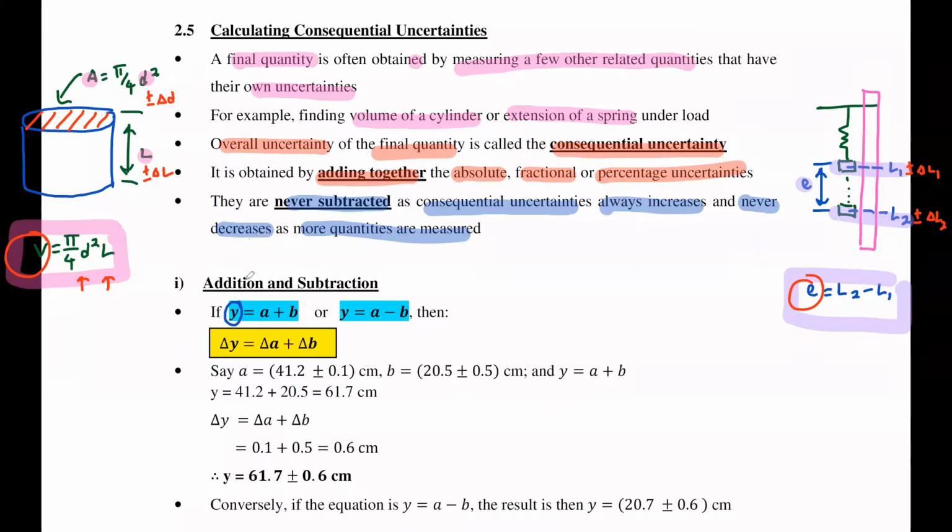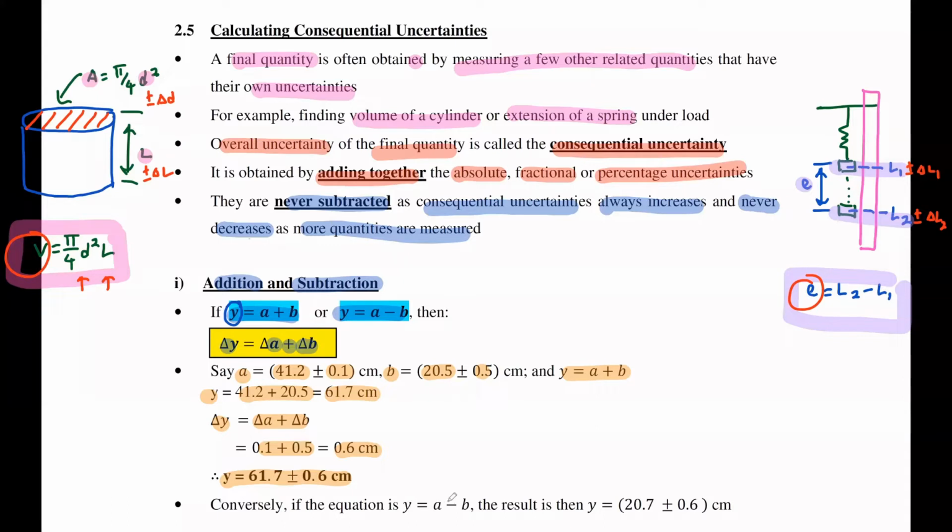If y is defined as the addition or subtraction of other quantities like the one shown here, then we would say that the absolute uncertainty of y is equal to the absolute uncertainty of A plus the absolute uncertainty of B. Say right now A is equal to 41.2 plus minus 0.1 centimeter, B is equal to 20.5 plus minus 0.5 centimeter, and y is equal to A plus B. y is thus equal to 61.7 centimeter, whereas the absolute uncertainty of y is going to be equal to 0.6 centimeter. So the final answer will be 61.7 plus minus 0.6 centimeter.